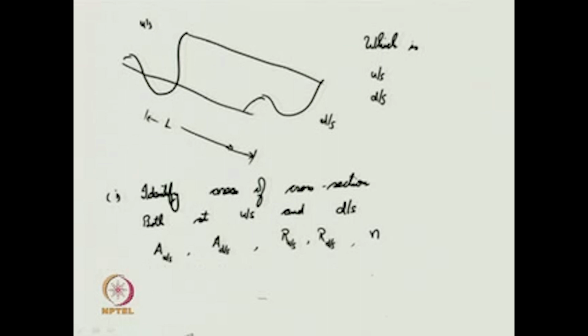Now, using these parameters, you have to compute the conveyance factor both at upstream and downstream. I hope you are aware of how to obtain the conveyance factor. This is (1/n) A R to the power of 2/3.